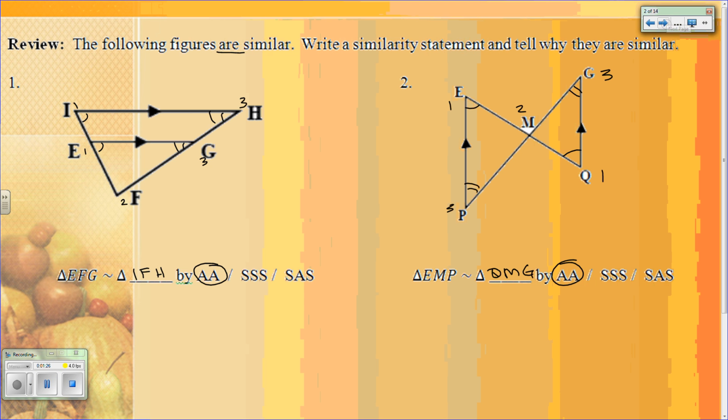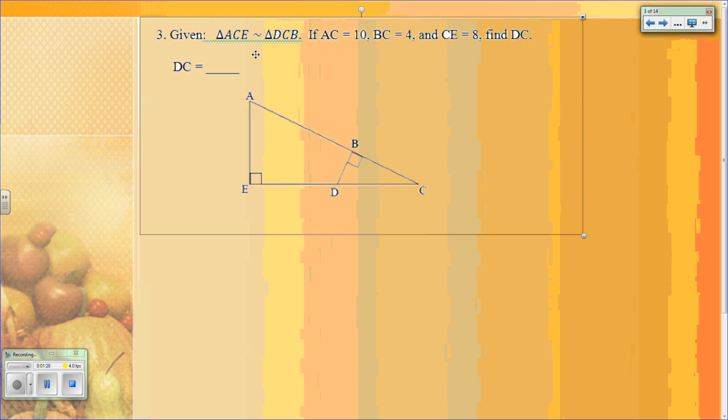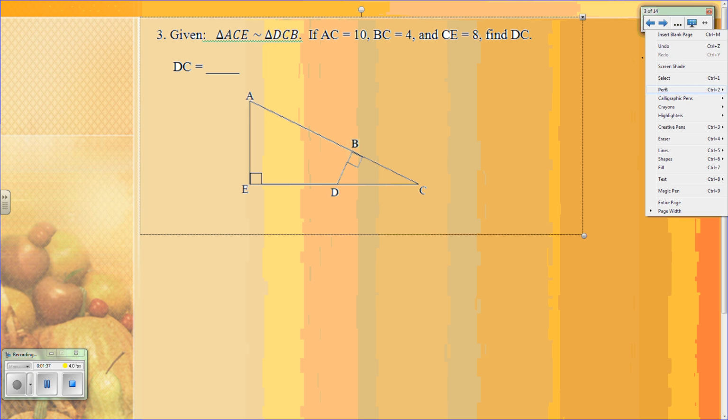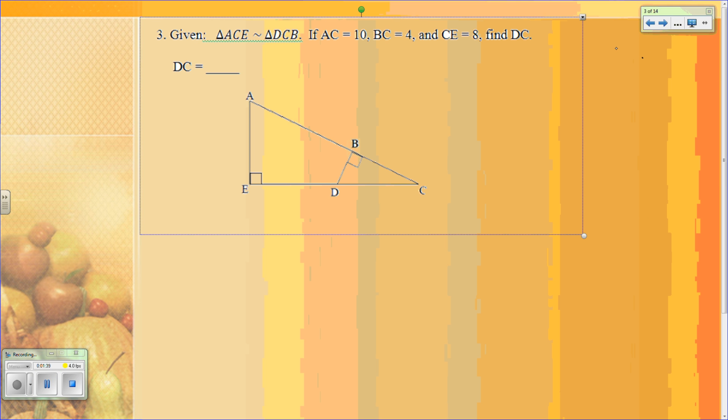All right. Given triangle ACE, so ACE, and then DCB, 1, 2, 3.